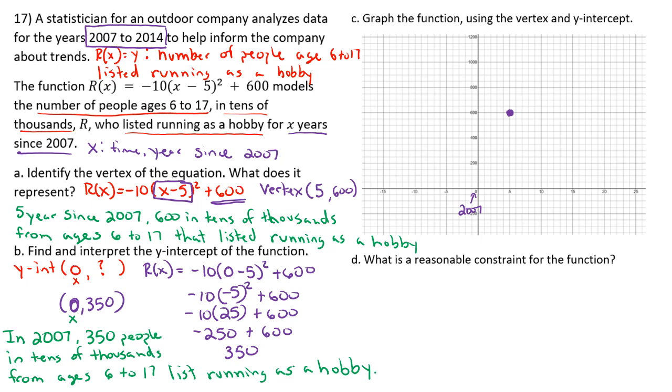All right, so now we can finish doing this graph, because part C asks us to graph the function using the vertex, which we already graphed, and the y-intercept. And we found out the y-intercept was (0, 350). So at 0 up to 350, that's going to be right here. But I want to do a full graph. Remember, this is a parabola. We've been talking about parabolas this entire chapter.